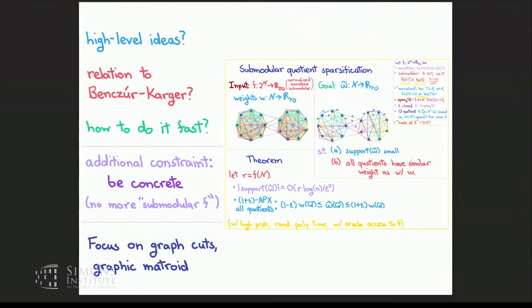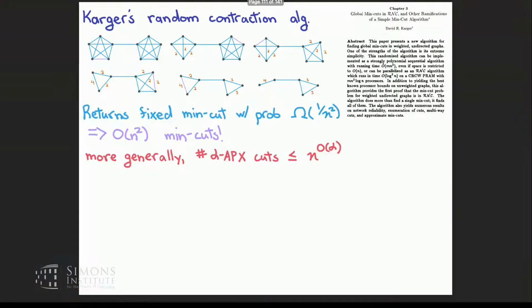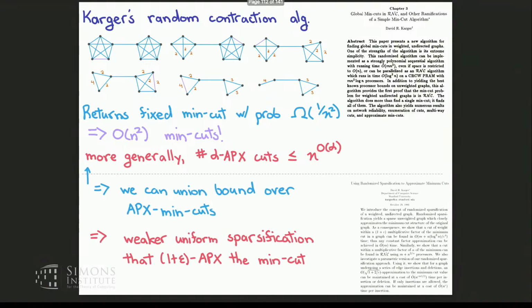Okay, so for lack of time, I'm going to skip most of the technical parts, but I have full slides with a little more. But at a high level, if I had more time, I would talk about precedents from Karger's algorithm. So Karger had already looked, for example, in the first step, at how to preserve the minimum cut in a graph.